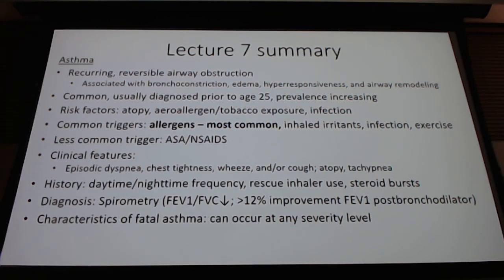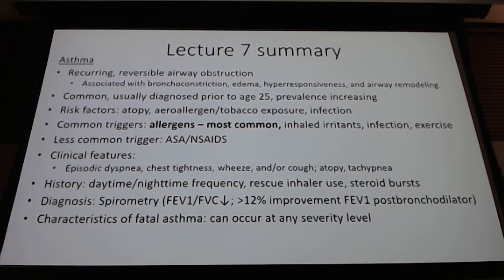There's some risk factors there. Obviously, allergens are the most common. Probably second would be illnesses. So allergy season, you definitely saw your asthmatics more frequently. Less common, we talked about that NSAID, aspirin allergy.